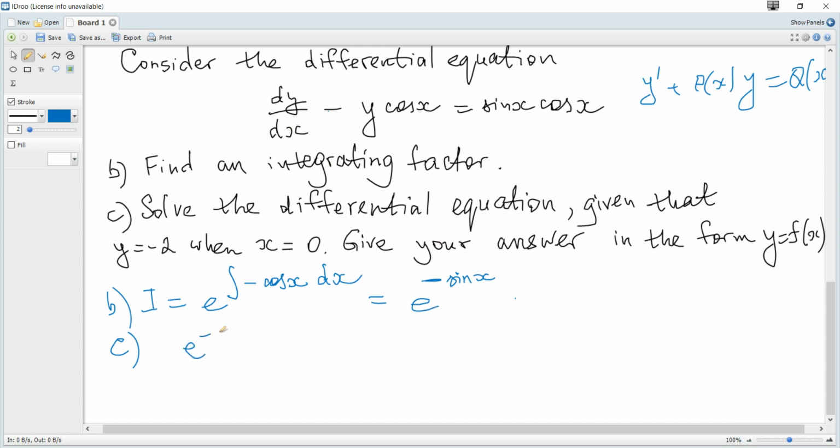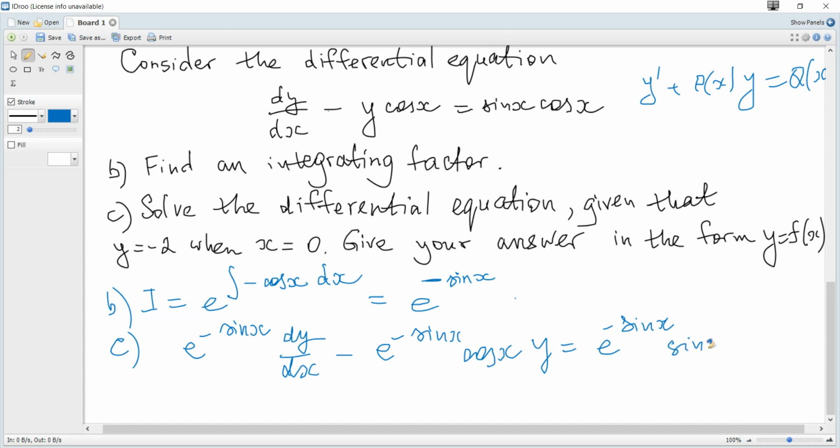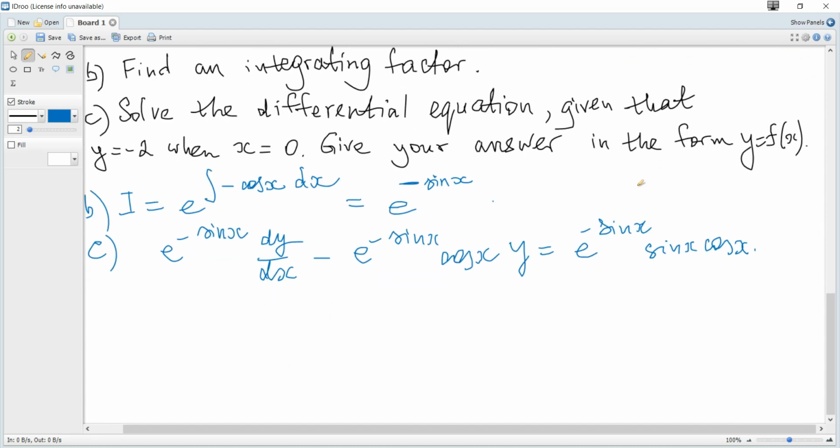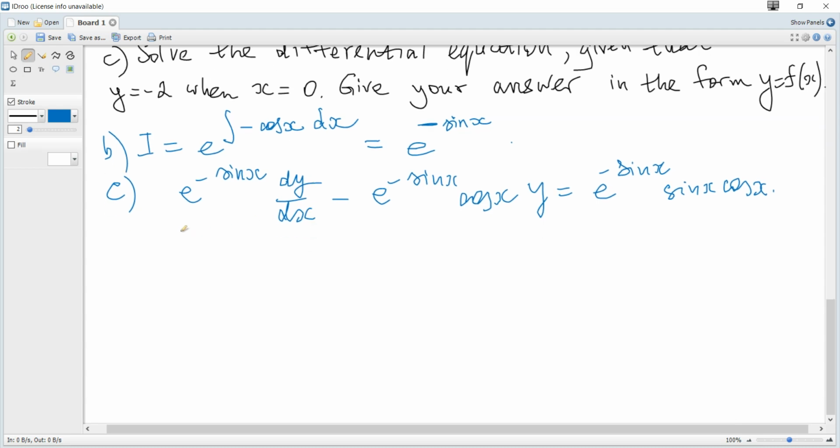So it becomes e to negative sine of x dy over dx minus e to negative sine of x cosine x y is e to negative sine of x sine x cosine x, and the left hand side always becomes d over dx of our integrating factor multiplied by y.